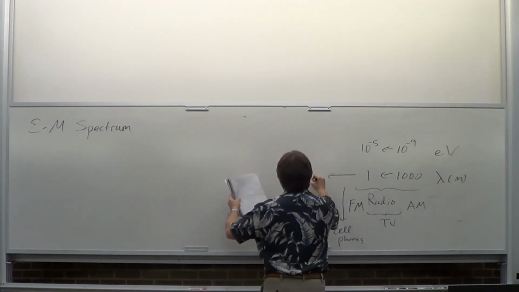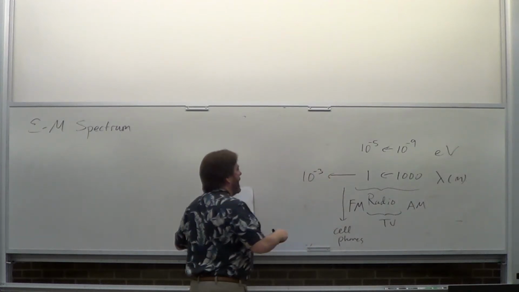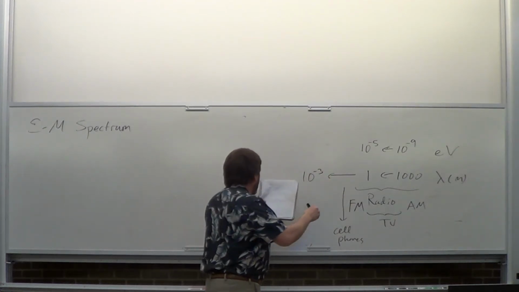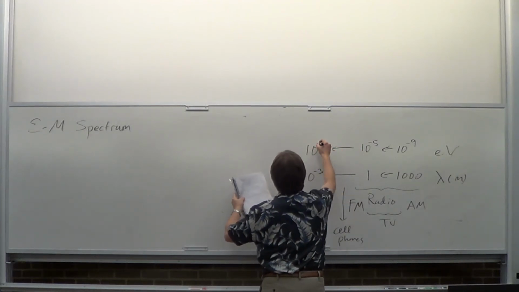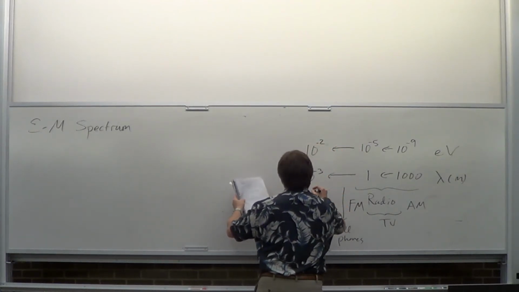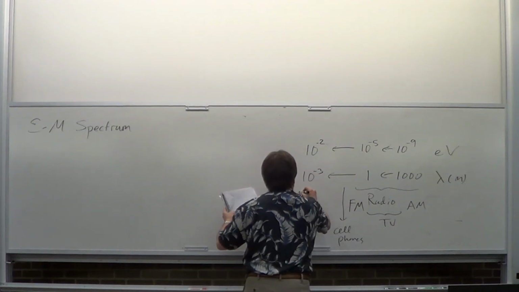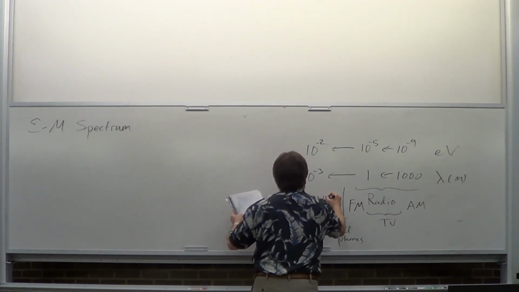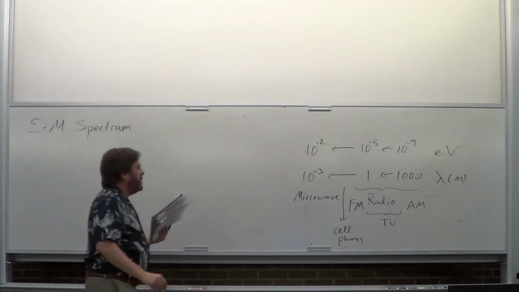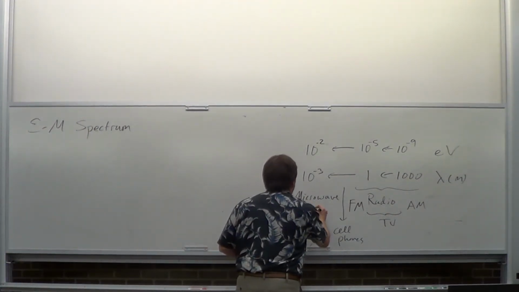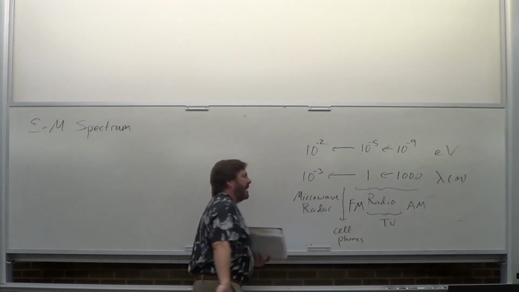Okay, now we get to the 10 to the minus 3. So now I'm at a micrometer range. And in terms of energy, my energy is now increasing. Okay, so this is the microwave. The microwave region is also the radar. If you've ever got a ticket, it's also the radar range.